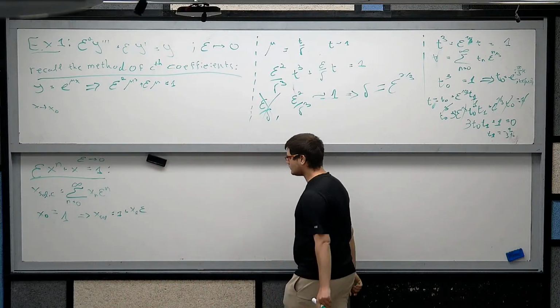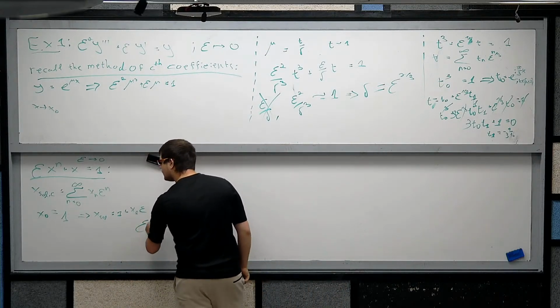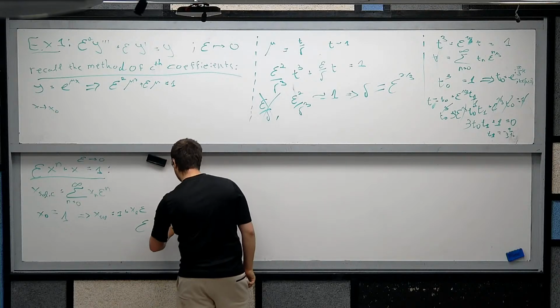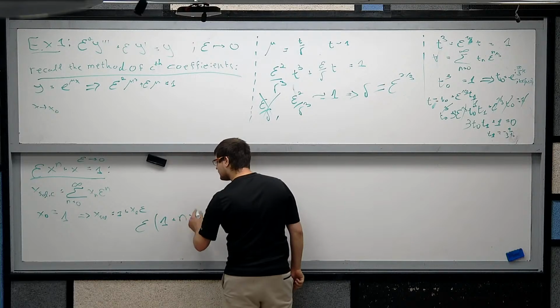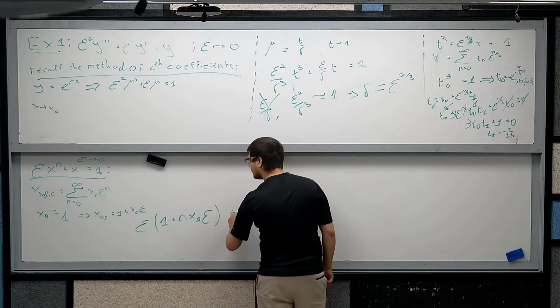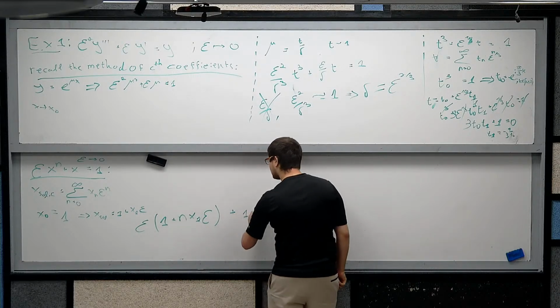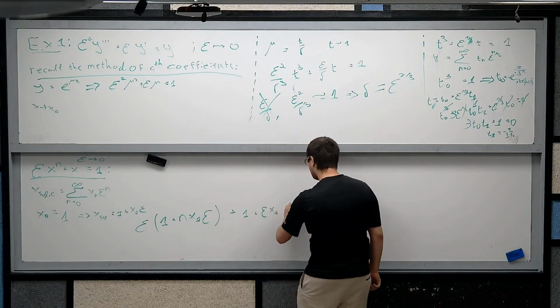So let's continue. So we have here epsilon times 1 plus n x1 epsilon, plus 1 plus epsilon x1 equal to 1.